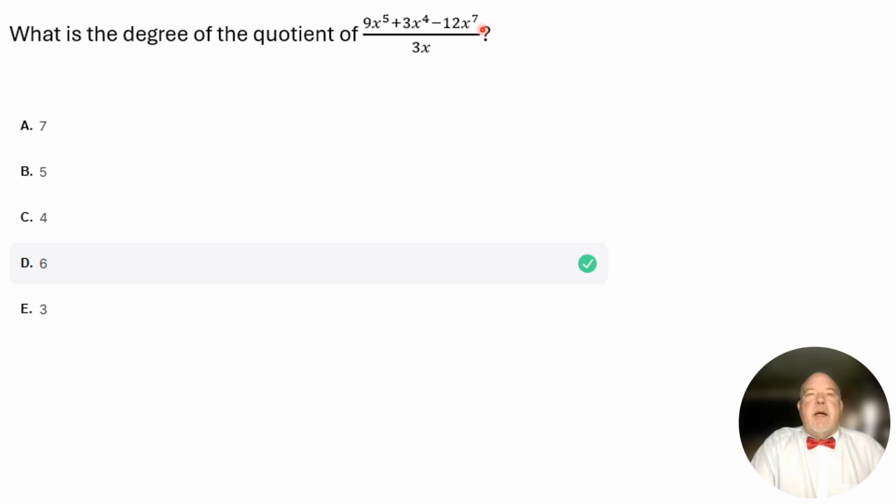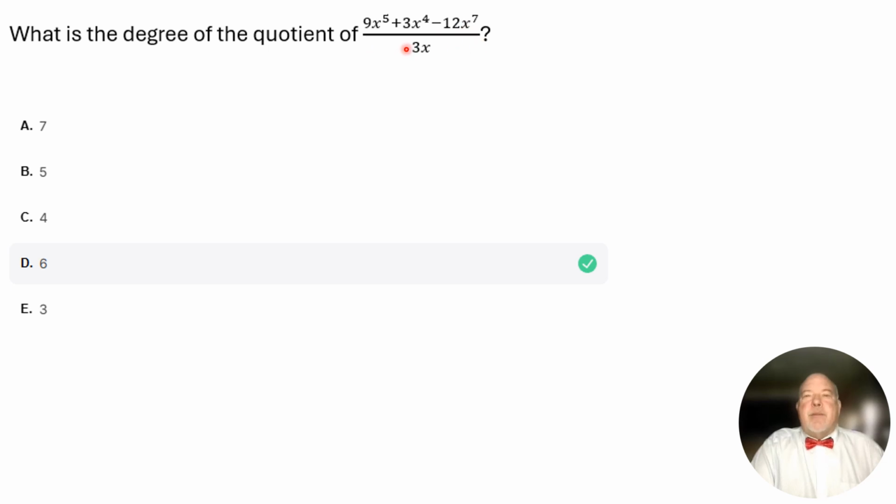But before we can answer the question, we need to simplify this by dividing it. So quotient means the result of division, so we need to divide this. And so the first thing I'm going to do is write this a little bit differently, because when you're dividing this numerator by 3x, I just want to make sure that you're clear that you're dividing each of these terms by 3x. So all three of these terms are going to be divided by 3x.